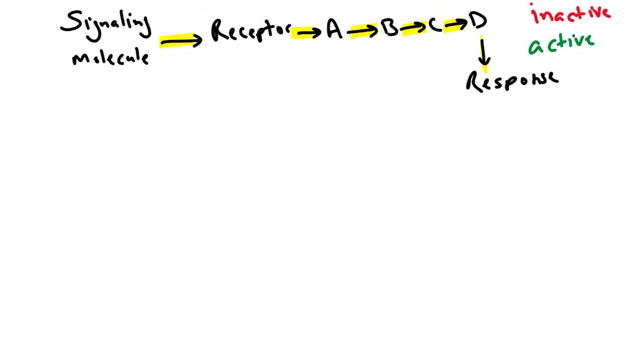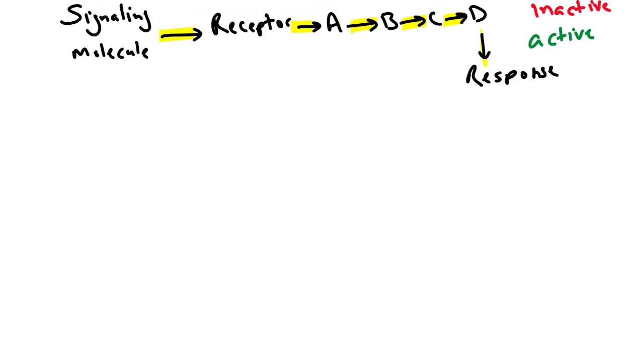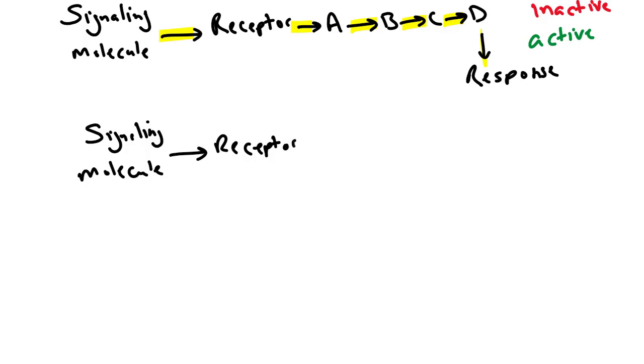Now, there are conserved pathways in all cells, and these are conserved across species too, animals. So what they have in common is perhaps the signaling molecule, the receptor for that signaling molecule perhaps, and the first few steps.